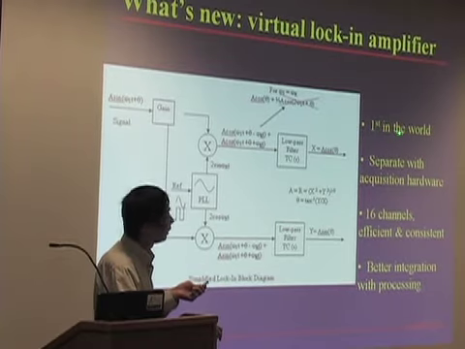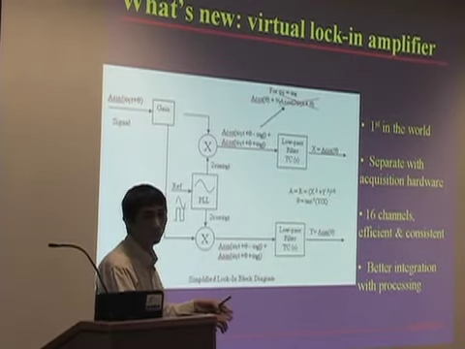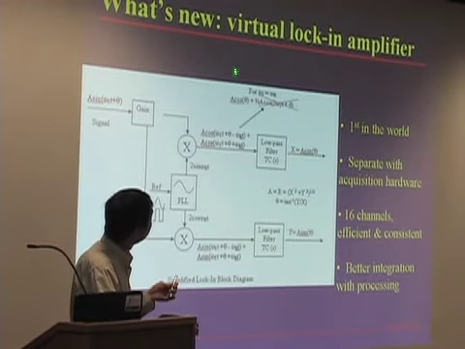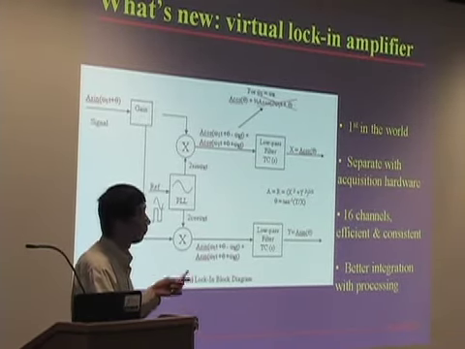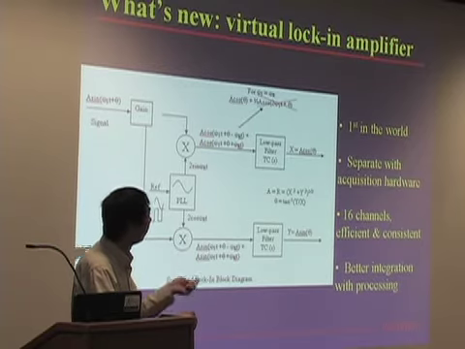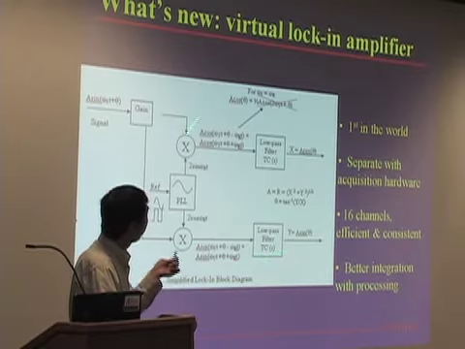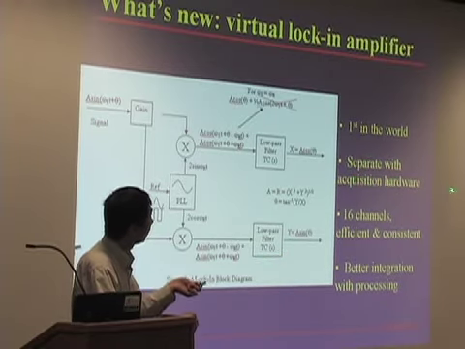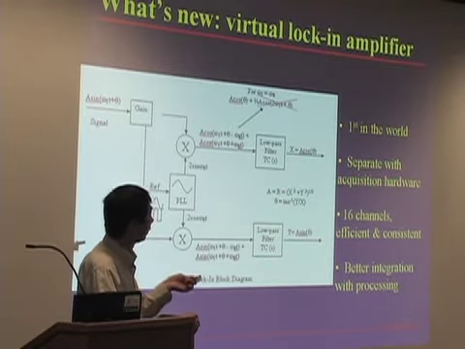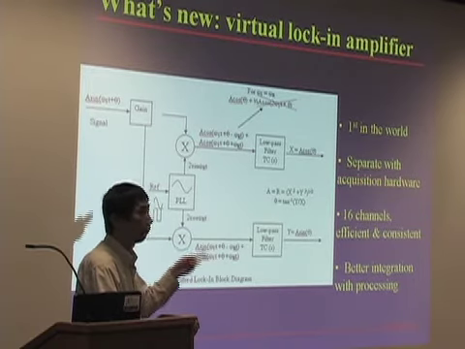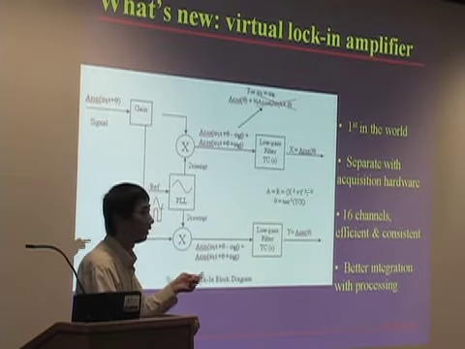This is the first one in the world put into working condition. And the main advantage of this virtual locking amplifier compared with the hardware locking amplifier is that we can separate the locking amplifier process completely from the acquisition hardware. So by this, we have the flexibility to choose the best acquisition hardware in the world.